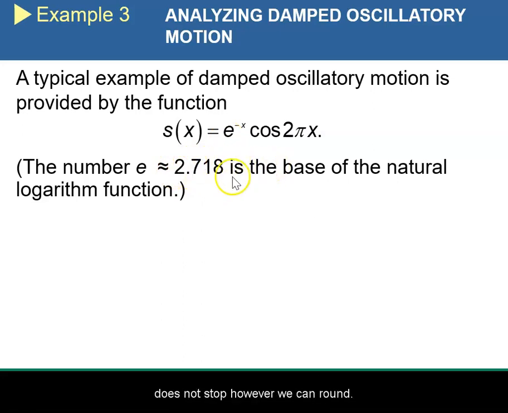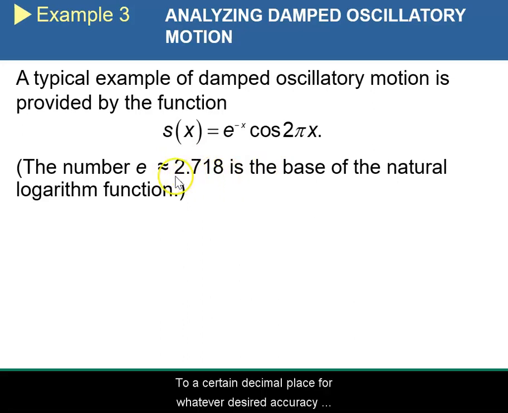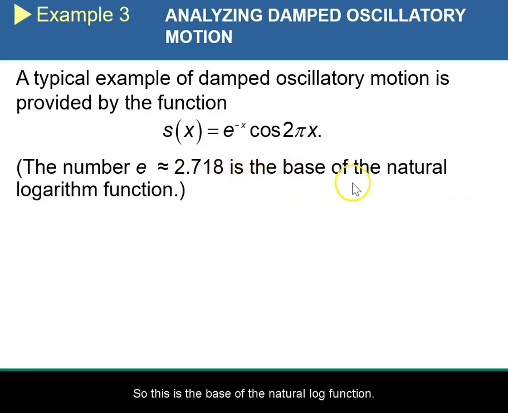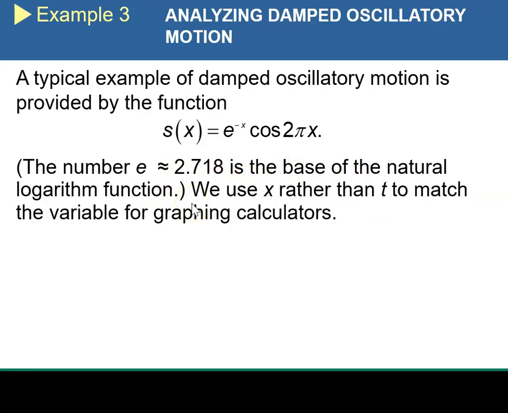It does not stop. However, we can round it to a certain decimal place for whatever desired accuracy that we need. So it says approximately 2.718. I think the exact first four terms is 2.7176 or something like that. So this is the base of the natural log function, right?